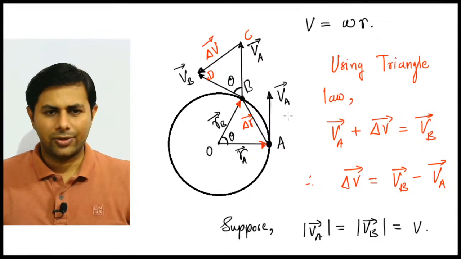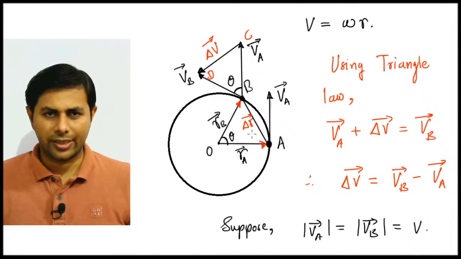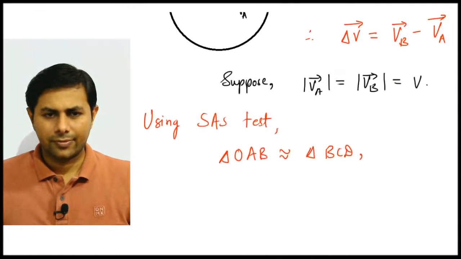Now since these two triangles are similar, the ratio of corresponding sides will be the same.